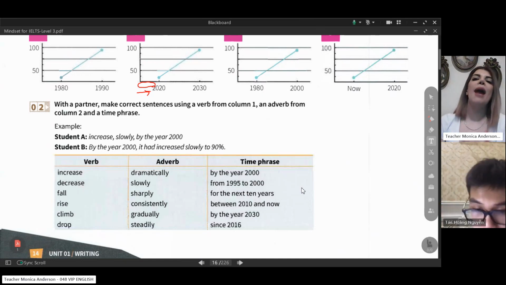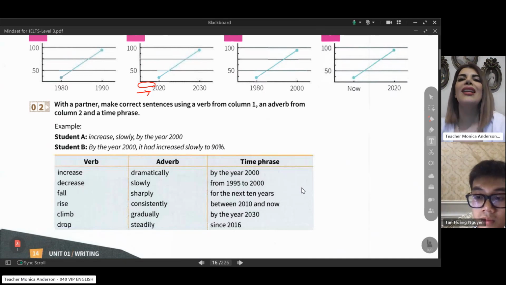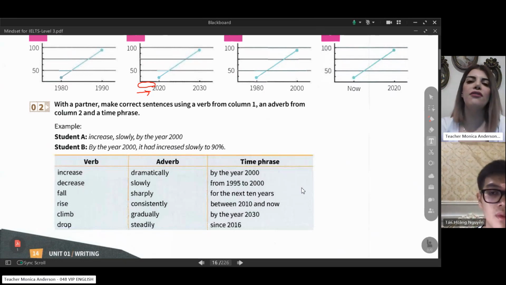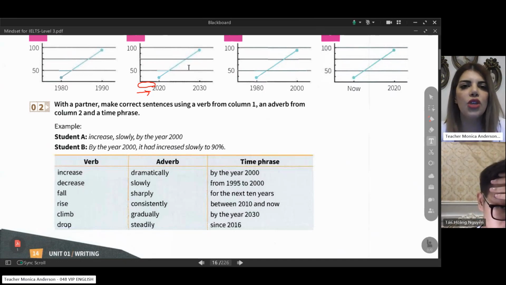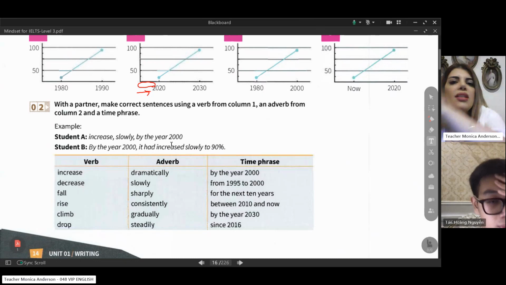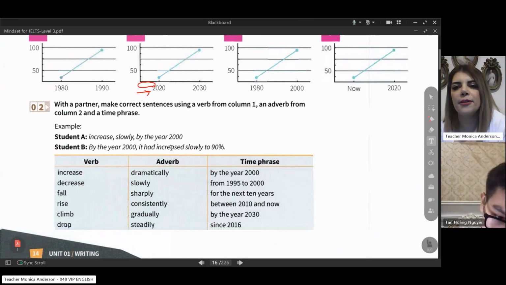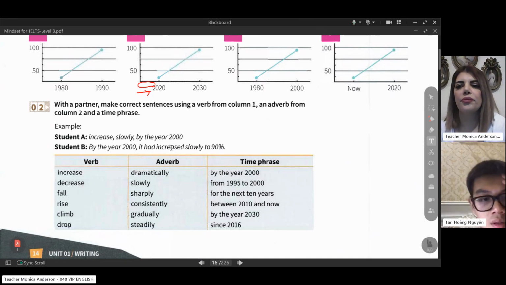When something continues inconsistently, there can be seen a change in a long period of time. So consistently, as you can see, we can use it for this type of graph, because there is no change. Continuously is the same thing.